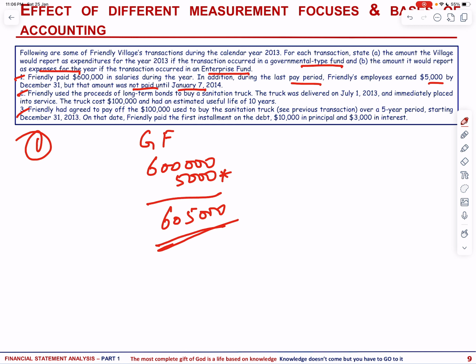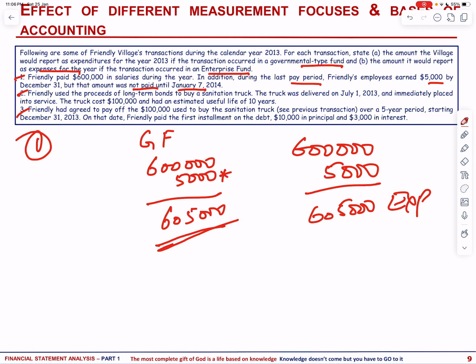So Friendly would report 600,000 for the salaries paid during the year 2013 plus 5,000 earned by the employees but not paid until January 7, because both amounts are considered to be incurred during the year 2013. So here also the amount is 605,000, and this will be recorded as an expense. Here it is recorded as an expenditure.